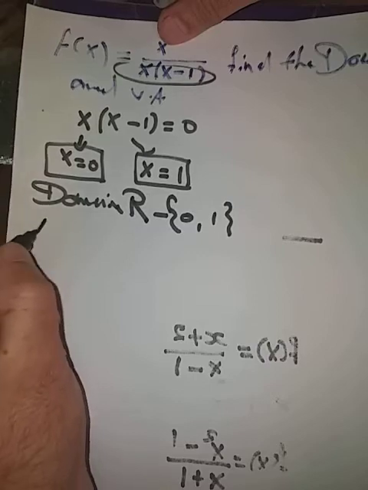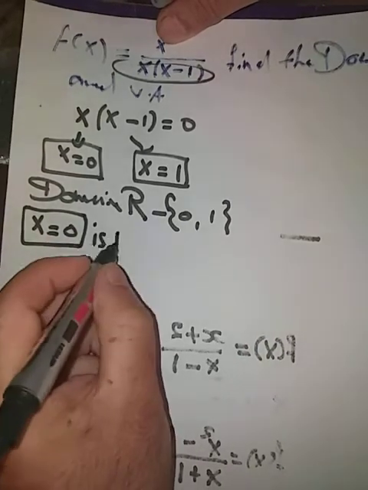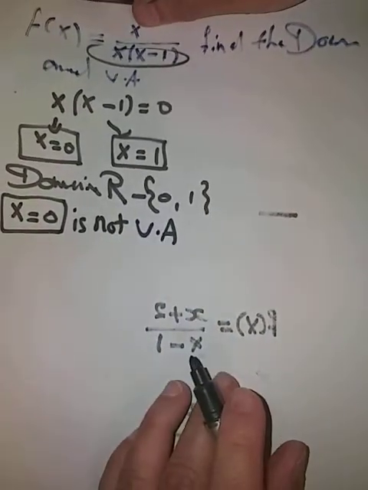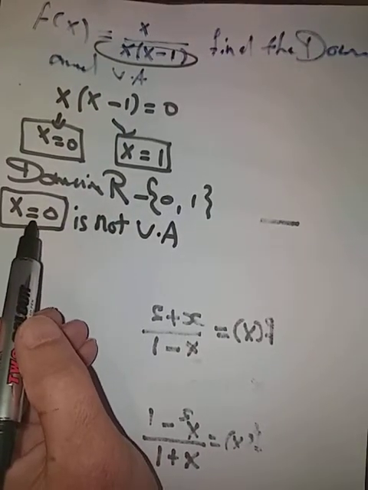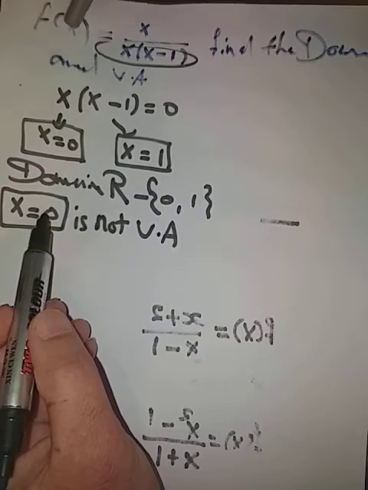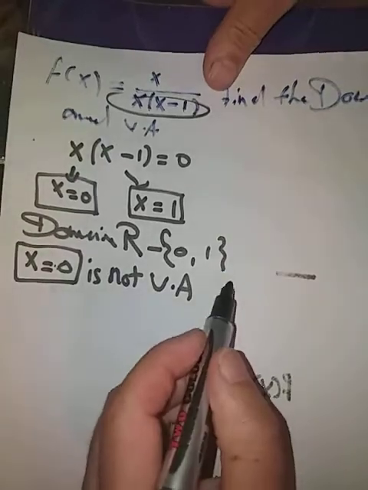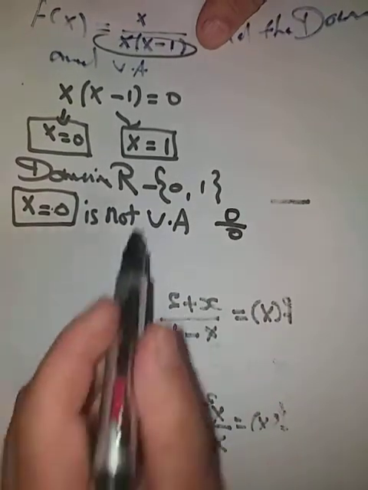What's the vertical asymptote? x is equal to 0 is not a vertical asymptote. Why? If we replace x with 0 in the numerator and the denominator of the function, it will be 0 over 0, so this is not a vertical asymptote.